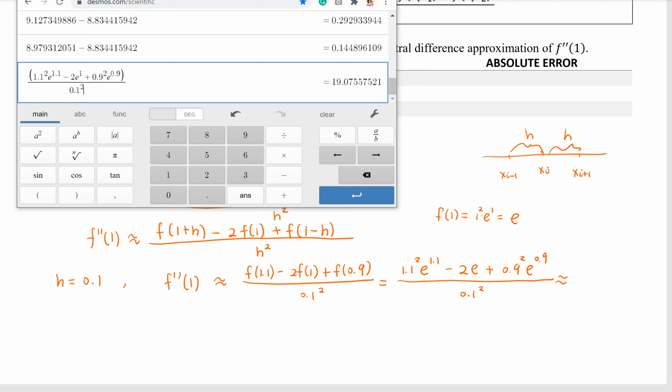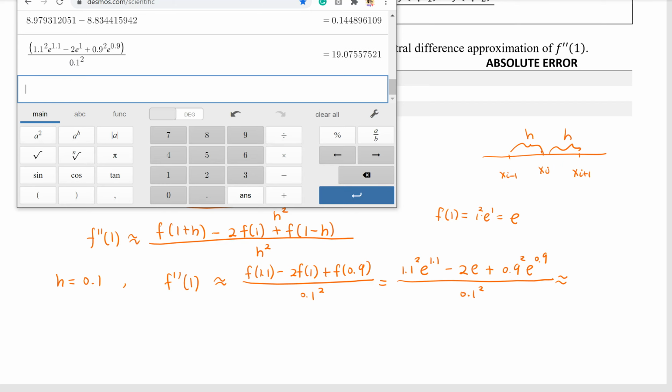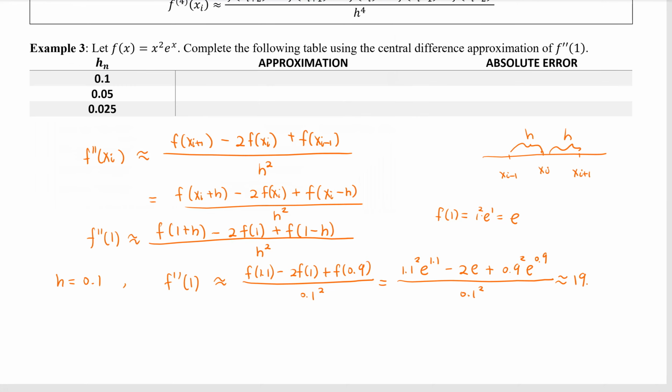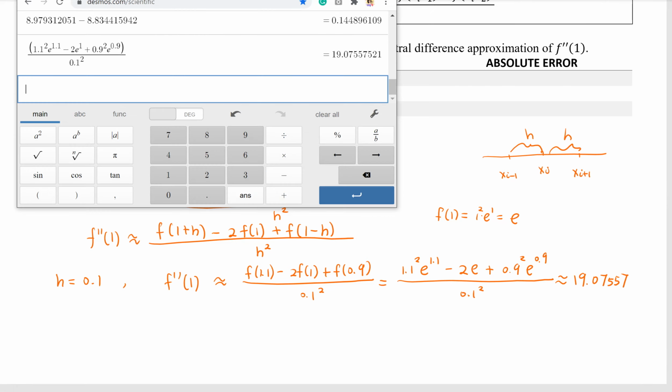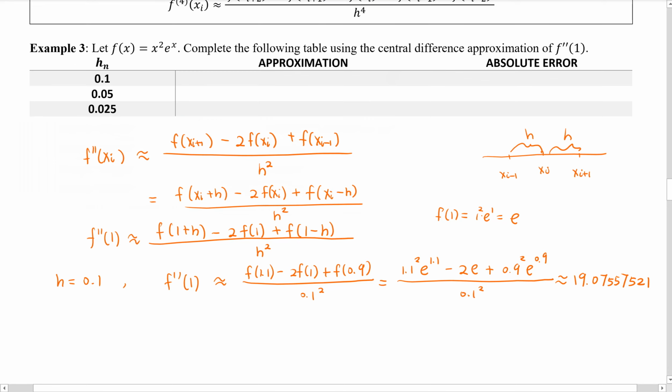That's right. So enter. The answer is 19.07557521. So far so good, everybody?